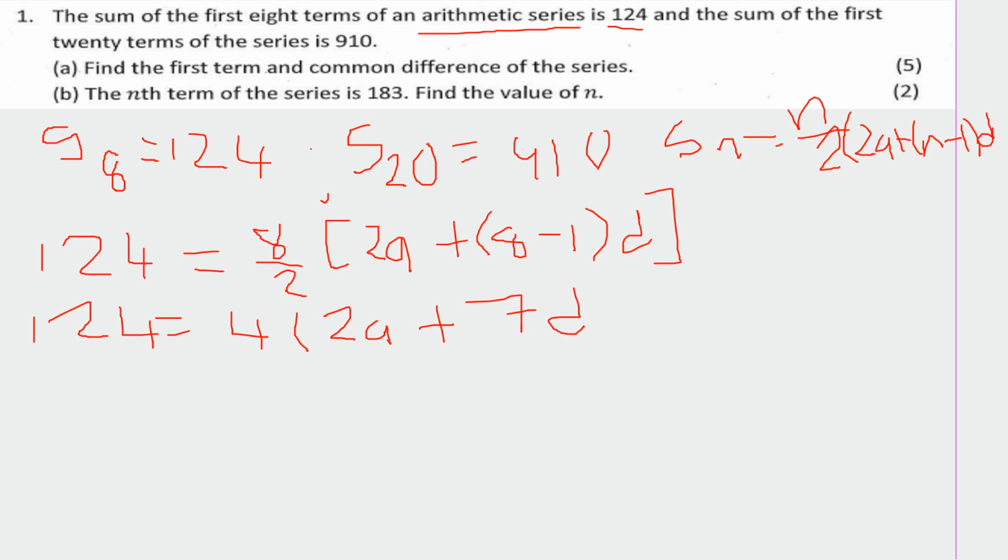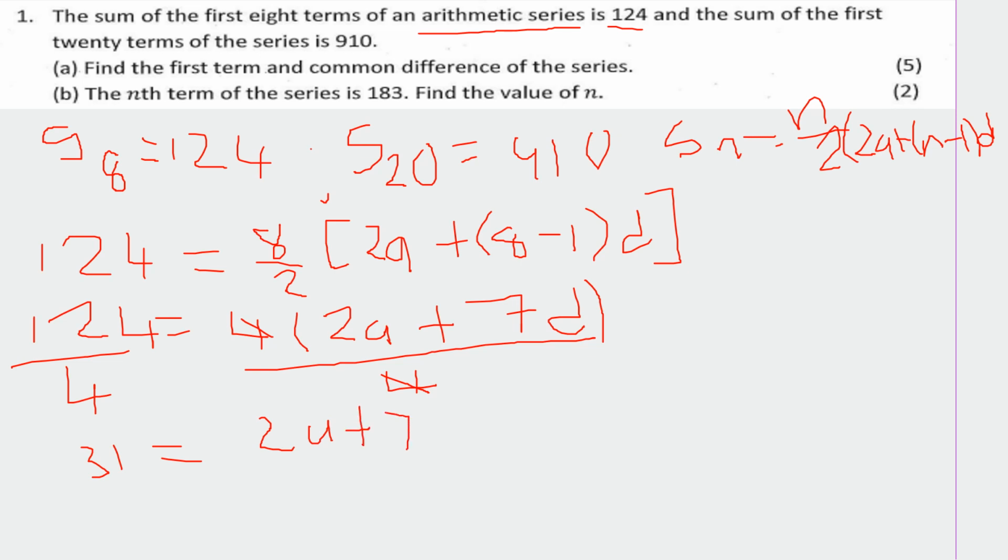Then we can just divide both sides by 4 to simplify it further. 124 divided by 4 is equal to 31. So 31 equals to, this 4 will cancel this 4 here, and you will be left with 2a plus 7d.